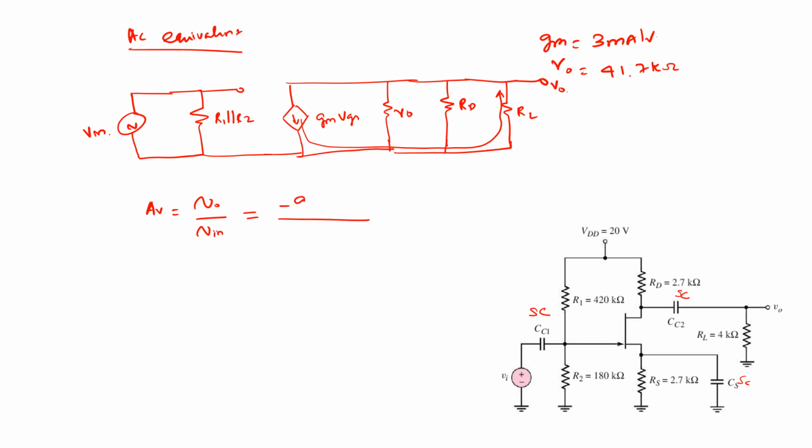So minus gm VGS is the current and it has three resistors in parallel: r0 parallel RD parallel RL, divided by Vin.